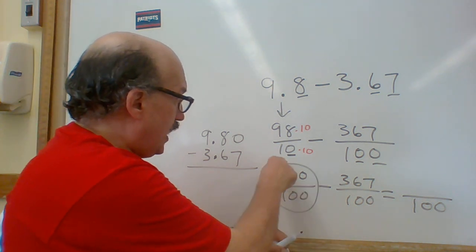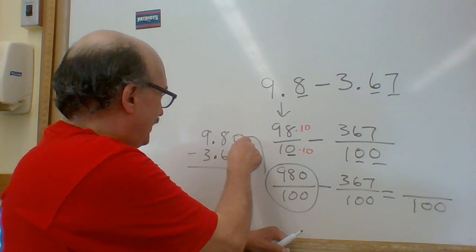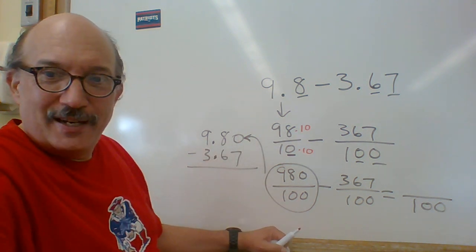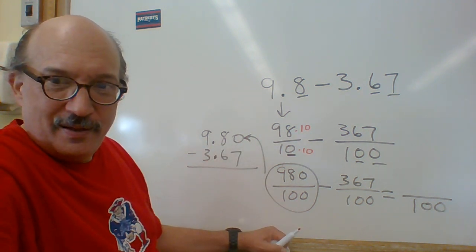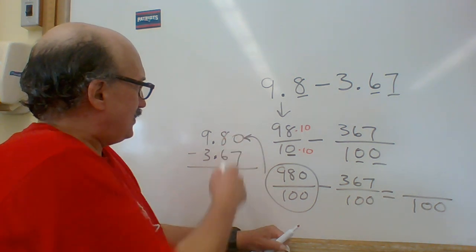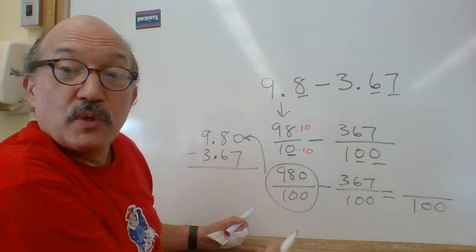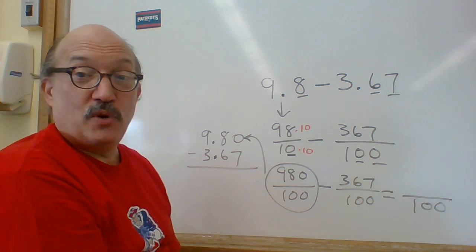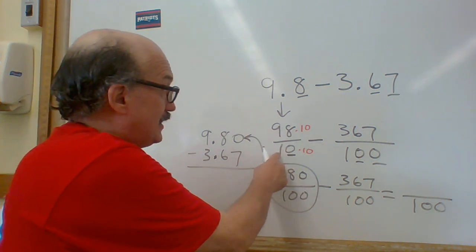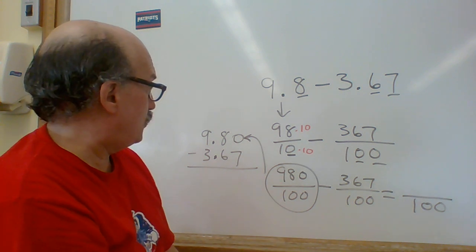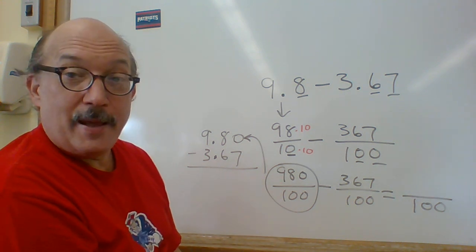This 980 over 100 is that decimal number, isn't it? 9.80. So by tacking that 0 on like that, you're really coming up with an equivalent fraction for the 9.8, changing the 98 tenths into 980 hundredths. Okay?